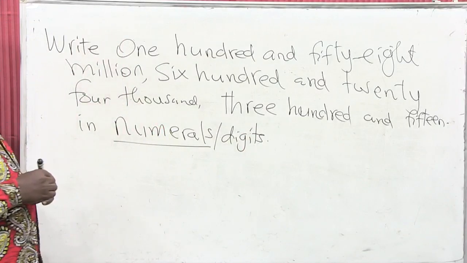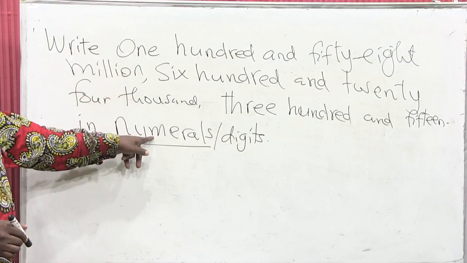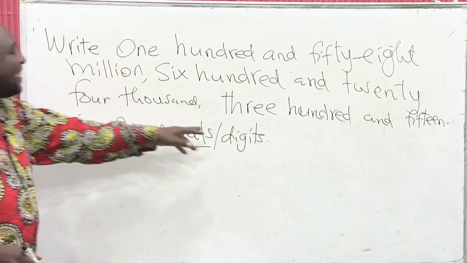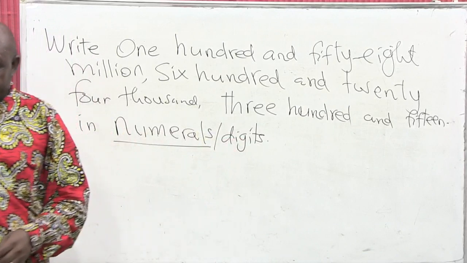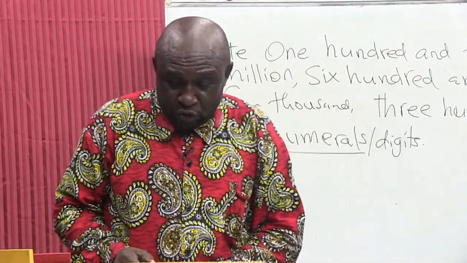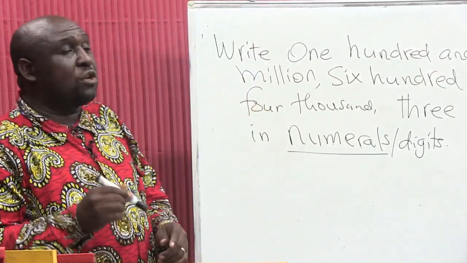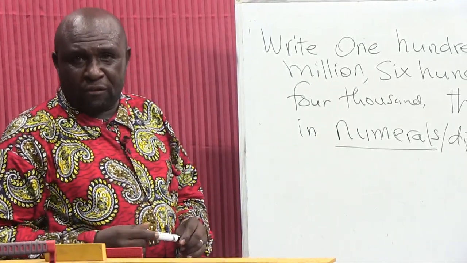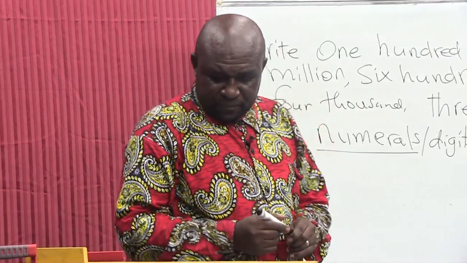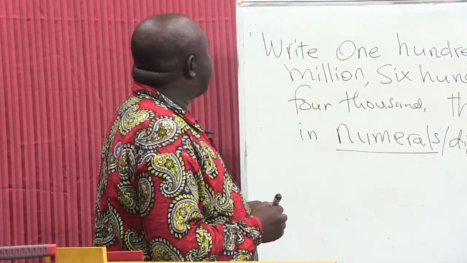Can be asked to write that in numerals or write that in digits. Remember, numerals and digits mean the same thing. You use now the 1, 2, 3 or 0, 1, 2, 3, 4, 5, those 10 digits which we have discussed earlier. Okay, it is easy now.